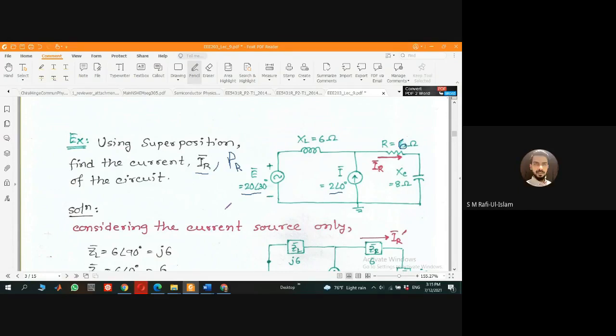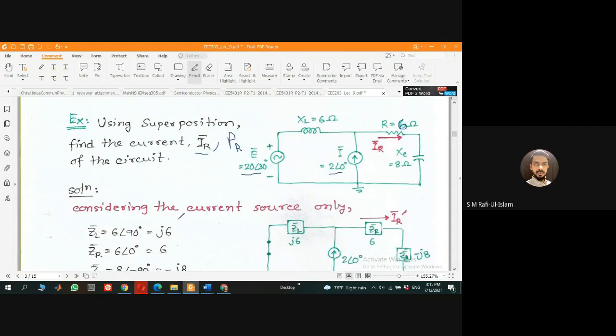Same frequencies, right? That's why we could write down the phasor format, otherwise it's impossible. So if this is the case, first consider any one source to be active. Let's say the current source is active.